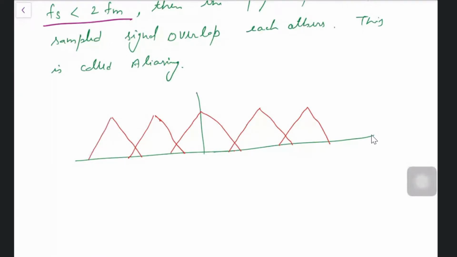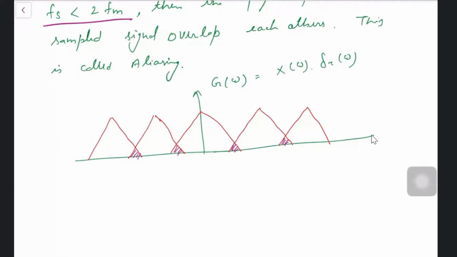This is just the spectrum of G(omega), and G(omega) equals X(omega) multiplied with delta T of omega. This is the portion which is overlapping with each other.